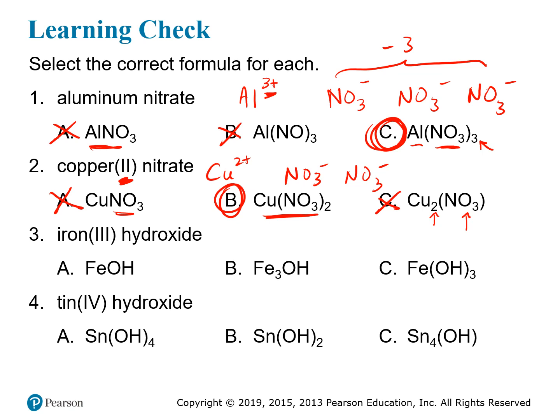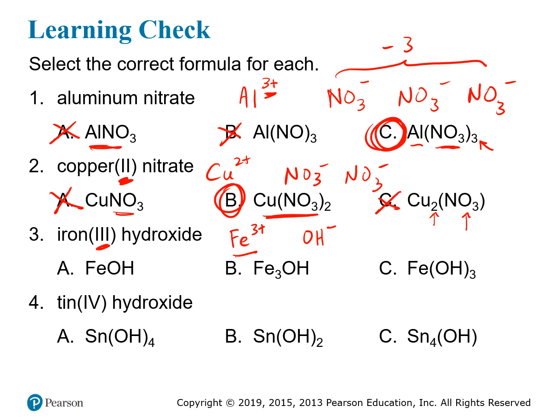Question number 3 is iron 3 hydroxide. And again, iron we know is Fe, that's the symbol, and the Roman numeral 3 tells us that the charge is positive, Fe3+. Hydroxide is a polyatomic ion that we're going to become very familiar with later on in the course. For now, all you need to know about it is that it is OH, an oxygen bonded to a hydrogen, and it has a negative charge.